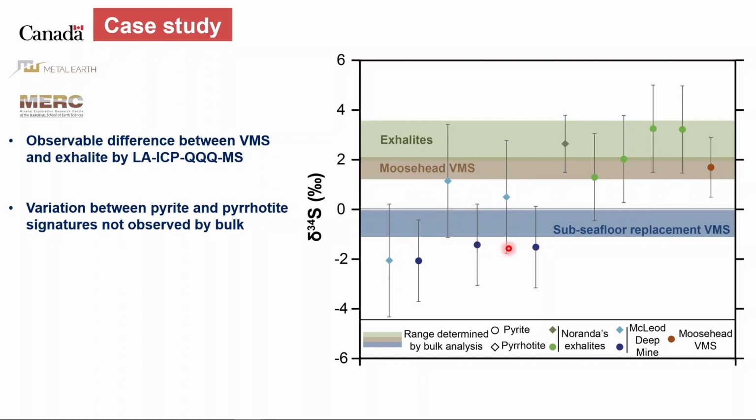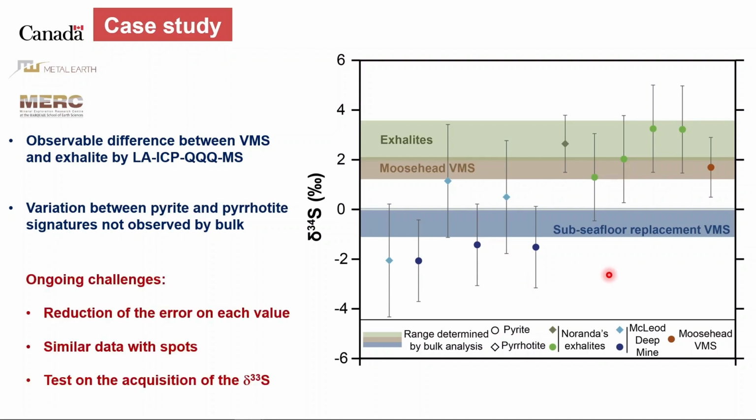And when you do the average of the two, you get a similar isotopic signature to the one we get by bulk, which makes sense because by bulk you have the isotopic signature of both the pyrite and pyrrhotite. So it's really interesting. It means that we have the precision to differentiate the isotopic signature between two phases with the laser ablation technique.